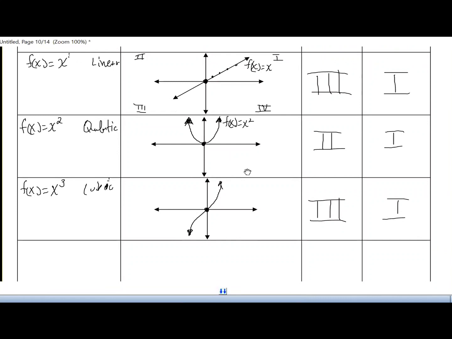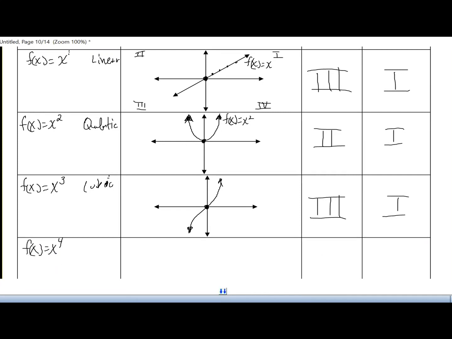So let's see. We went from f of x equals x to the first, f of x equals x to the second, f of x equals x to the third. Guess what's coming? F of x equals what? Yeah, x to the fourth, thank you. Yeah, some of you are like right there with me. So let's graph this one.